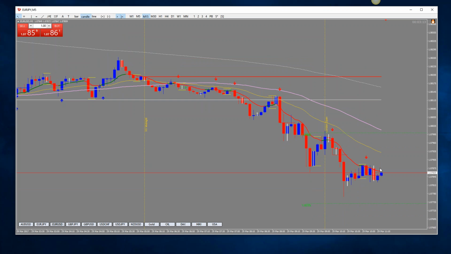I had an inside bar on the euro dollar, but there's a lot of body in that trade, so it's not really conducive of a trade that I'm that interested in.